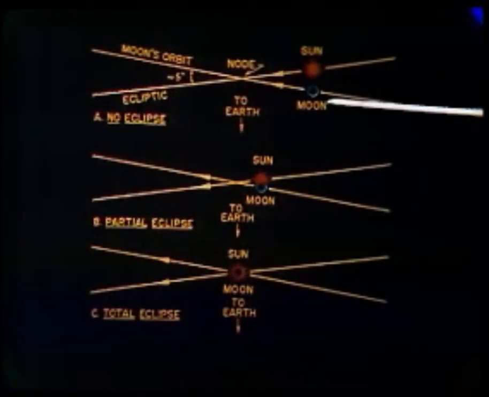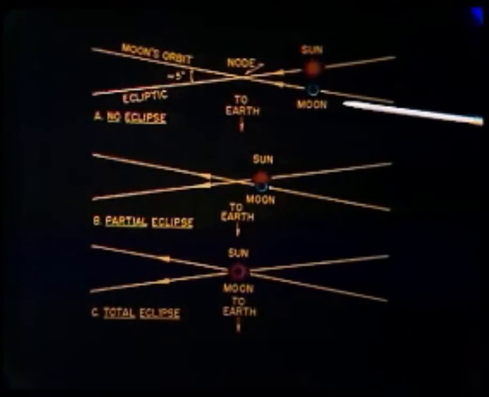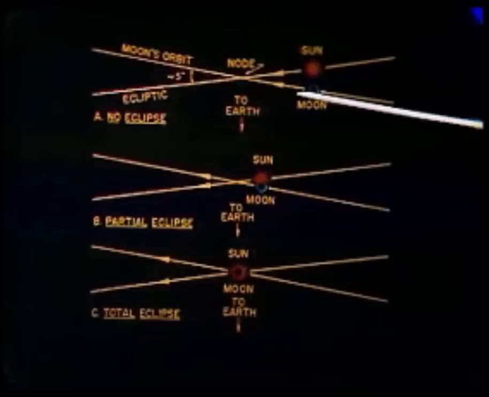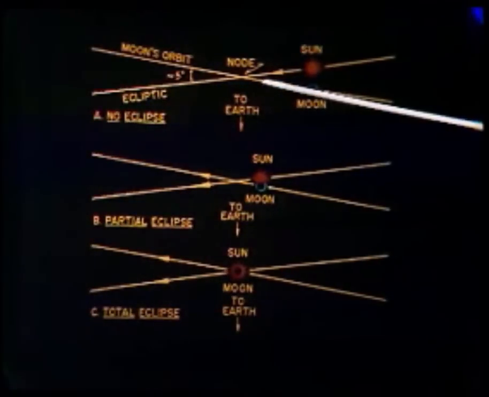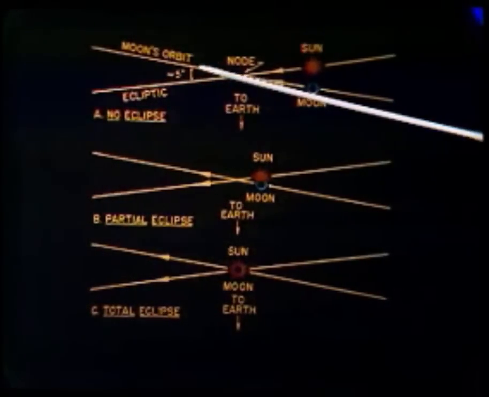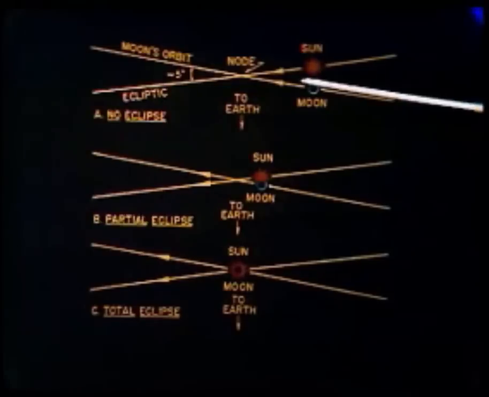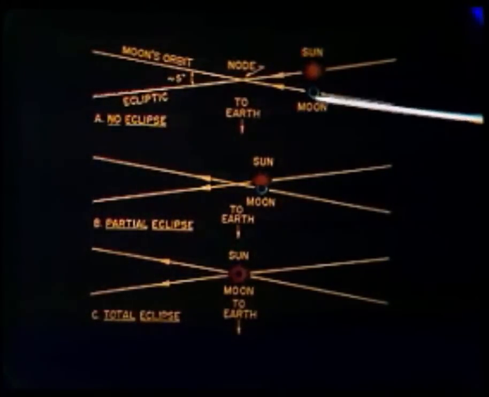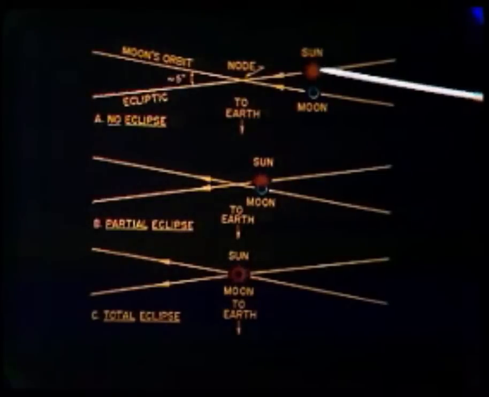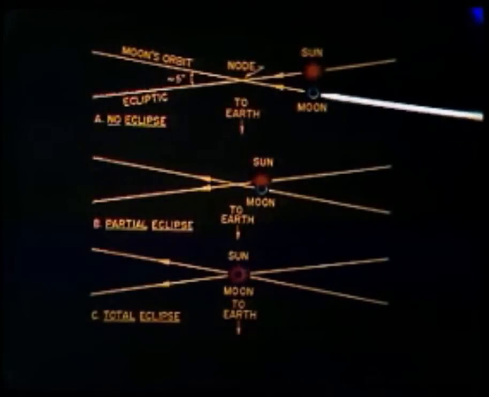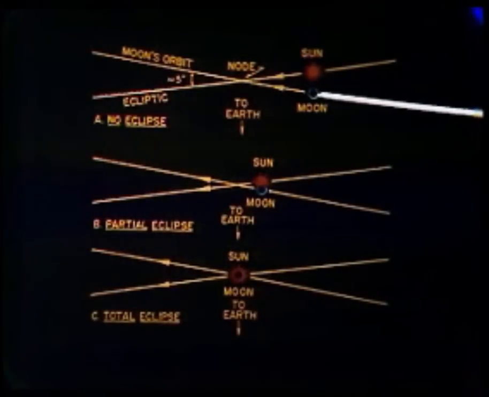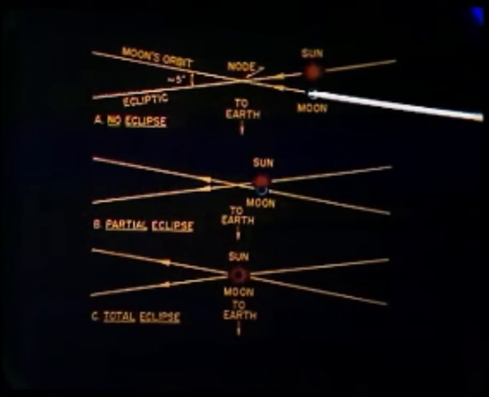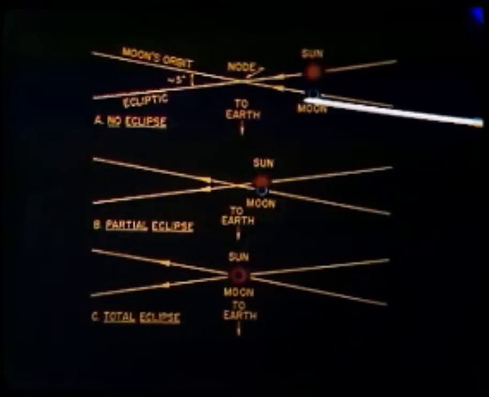Here is the moon going along its lunar orbit, which is inclined by 5 degrees towards the ecliptic, and you see that this is approximately drawn to scale. Sun and moon both about half a degree wide, and they are both heading now for a get-together here at the node.